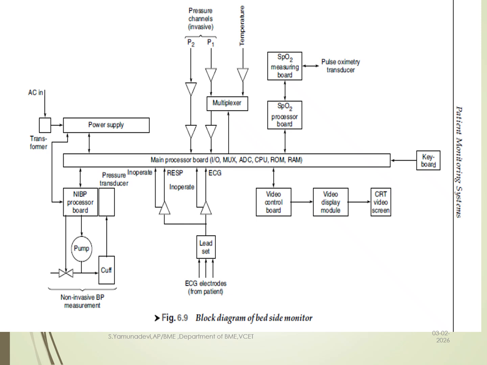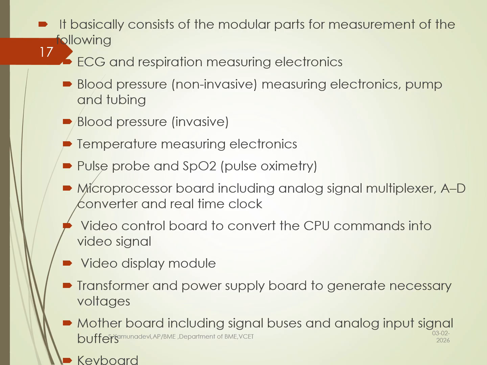And for non-invasive blood pressure measurement, it has a cuff and pressure transducer. And for ECG, from the electrodes on the patients, it has a lead set that is also connected to the main processor board. And this display board is also connected to the main processor board. These are the basic blocks in the bedside monitors.